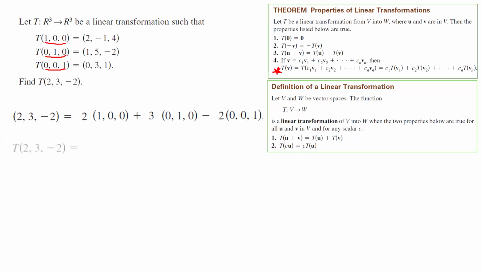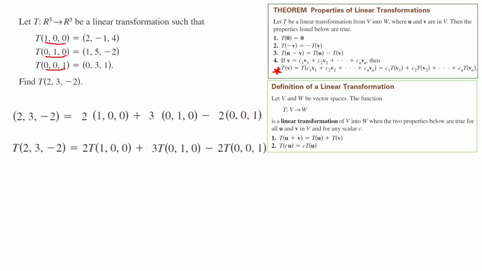What is the meaning of that? It means that if I plug in this vector as an input into this function, it becomes 2 times T of (1, 0, 0) plus 3 times T of (0, 1, 0) minus 2 times T of (0, 0, 1). I just need to write each scalar outside of T of v1, c2 times T of v2, and so on.